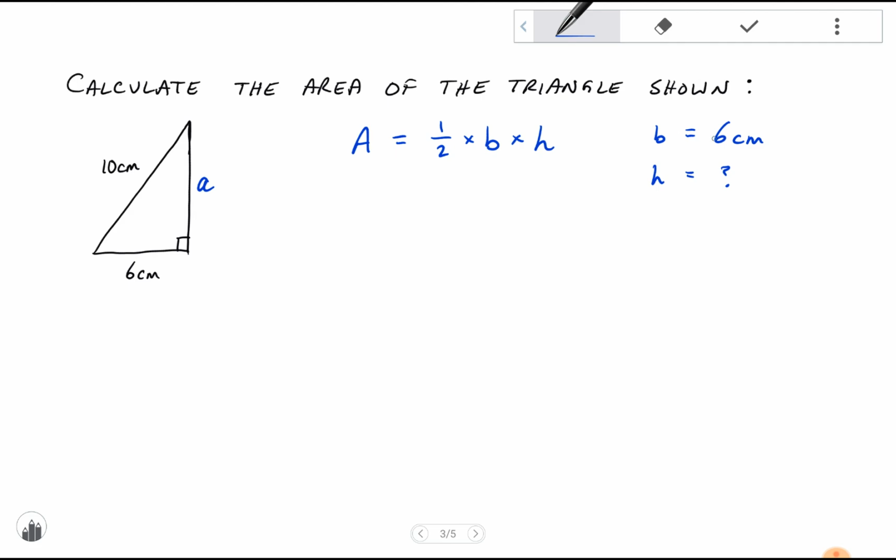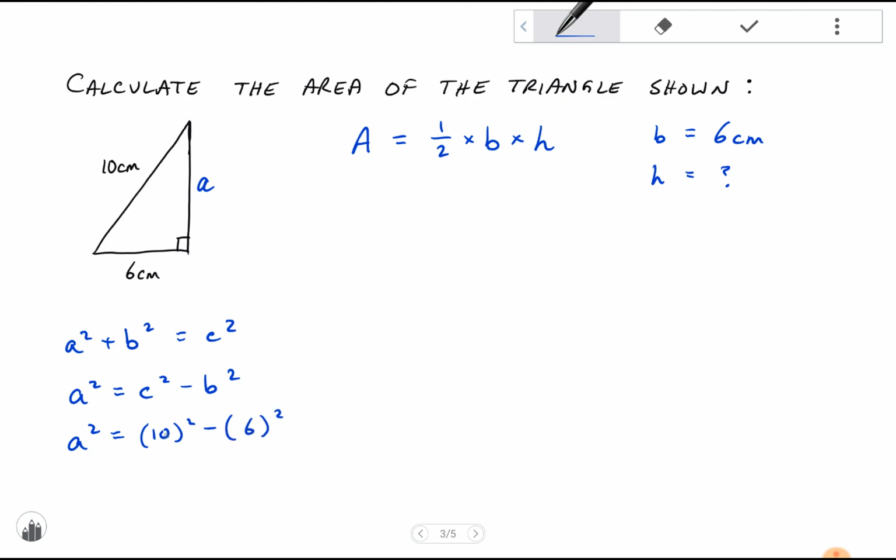Okay, so in this case, we already wrote here b is 6. We'll do it off to the side over here. So a squared plus b squared equals c squared. And we want to find a, so we can rearrange that, c squared minus b squared. So we'll plug in these values. A squared equals 10 squared minus 6 squared.